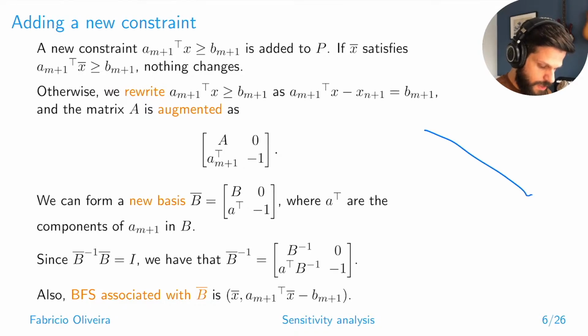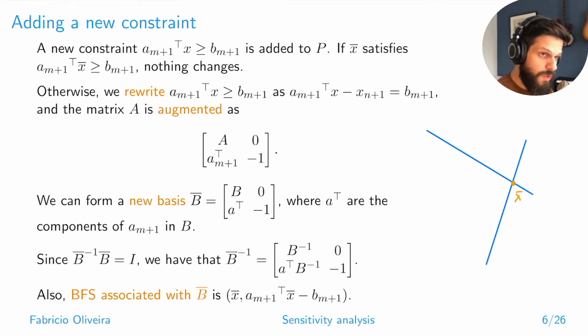You have a constraint like so, and then you have another constraint like so. And suppose you found your optimal solution here, x bar. By removing, we mean that we are adding, say, this new constraint like so, wanting everything that is in this direction. And notice that this point does not satisfy this constraint anymore. So we say that this constraint is removing x bar. That is the interesting case.